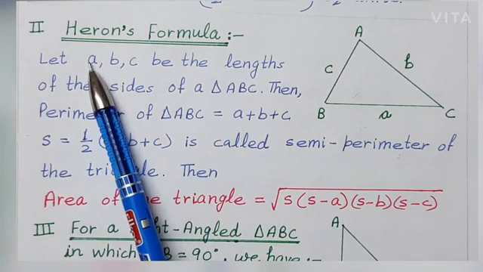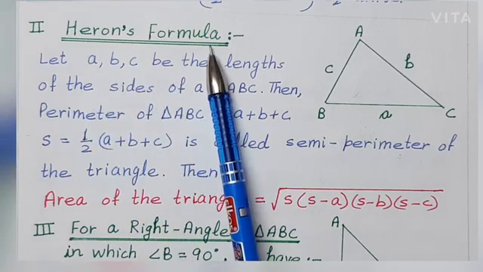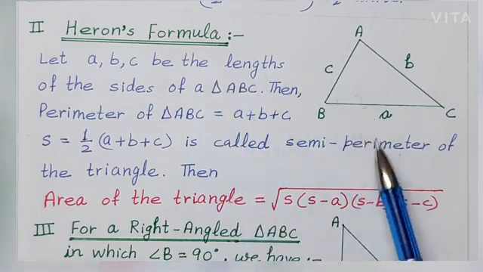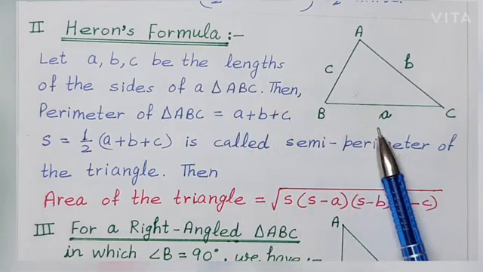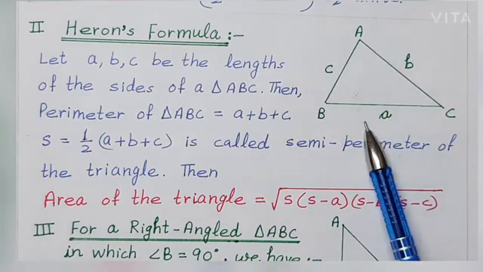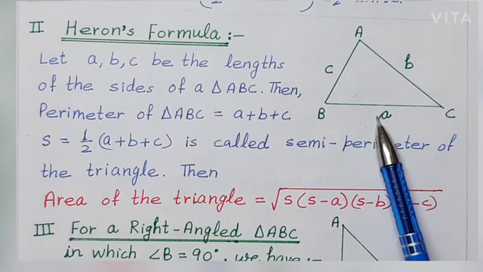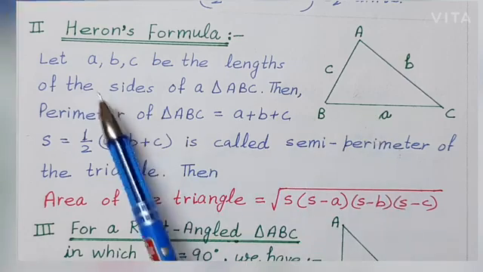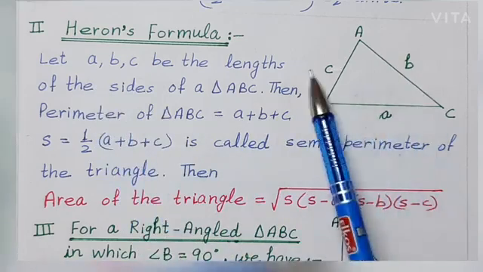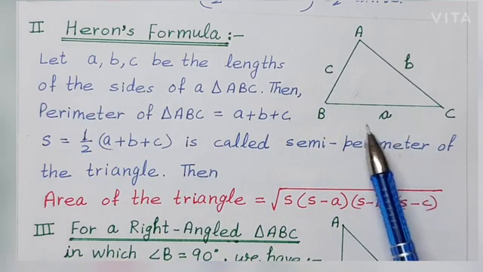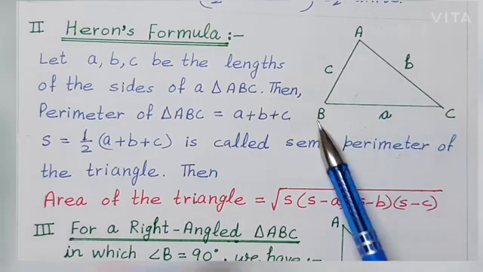Now the next formula is Heron's formula. Students, we apply this formula when we know all the three sides of a triangle but the perpendicular, or height, is not given. Let a, b, c be the lengths of the sides of triangle ABC.